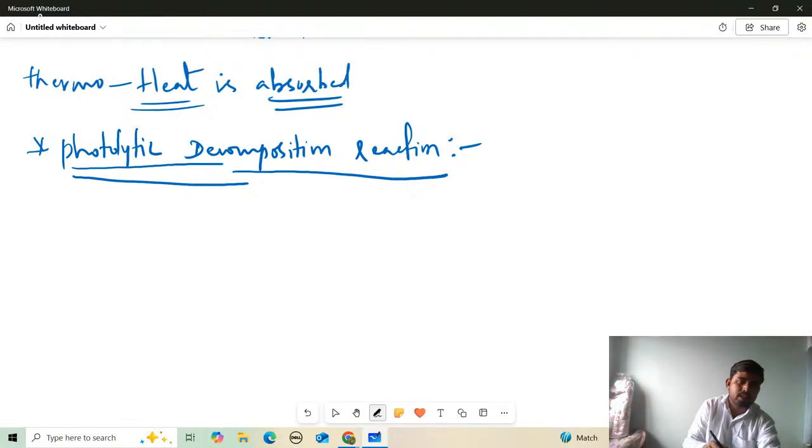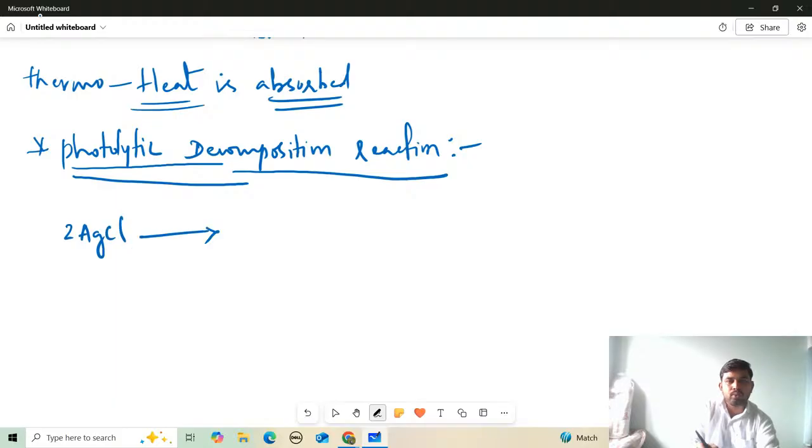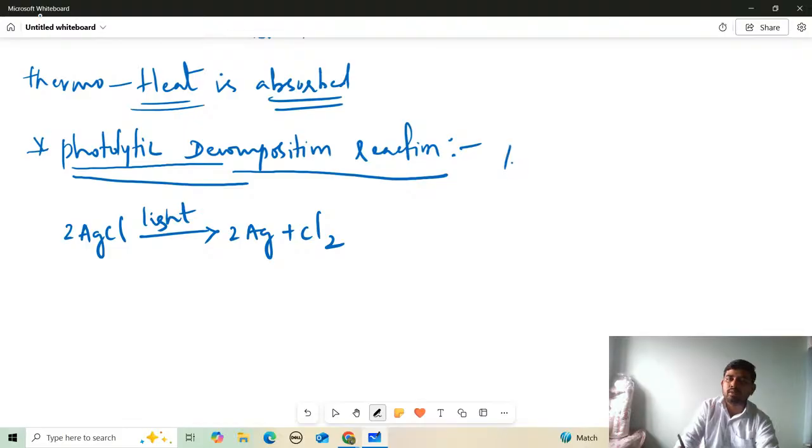Example: 2AgCl gives 2Ag plus Cl2. Remember, photo means light. It is a photochemical reaction. You know about photosynthesis, right?